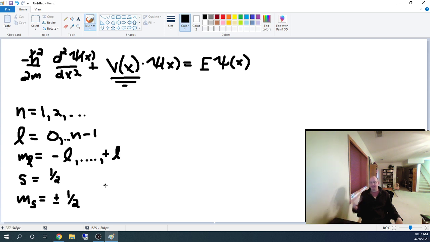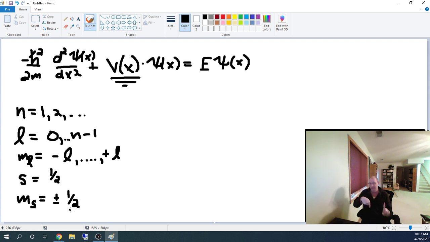Then you say, well, let's add a second electron. It can't have the same quantum numbers as the first electron. The first electron in the hydrogen atom was 1, 0, 0, 1/2, plus 1/2. That's the ground state. In helium, I add a second electron, but it's 1, 0, 0, 1/2, negative 1/2, spin down.